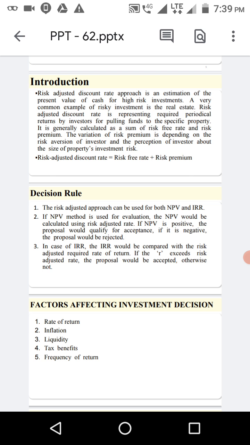The rate used to discount the cash flow is the sum of the risk-free rate and compensation for investment risk.